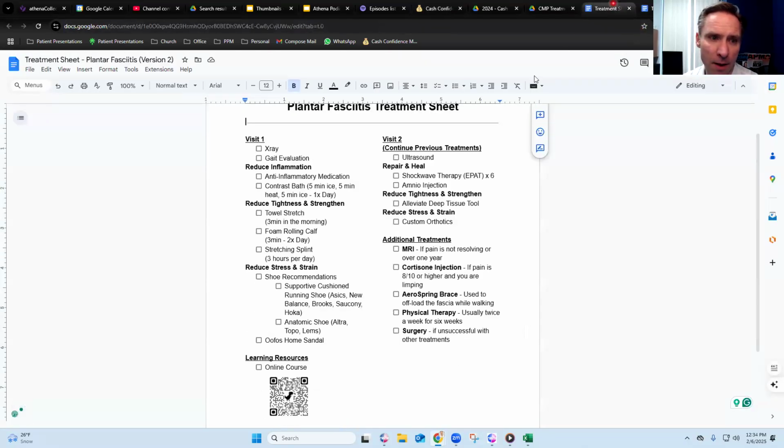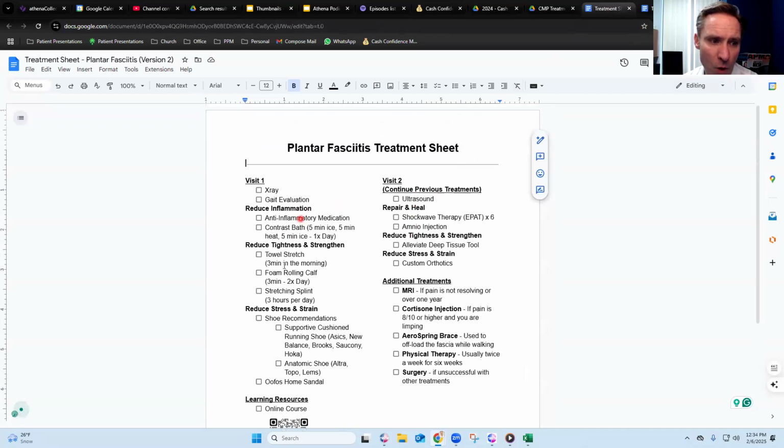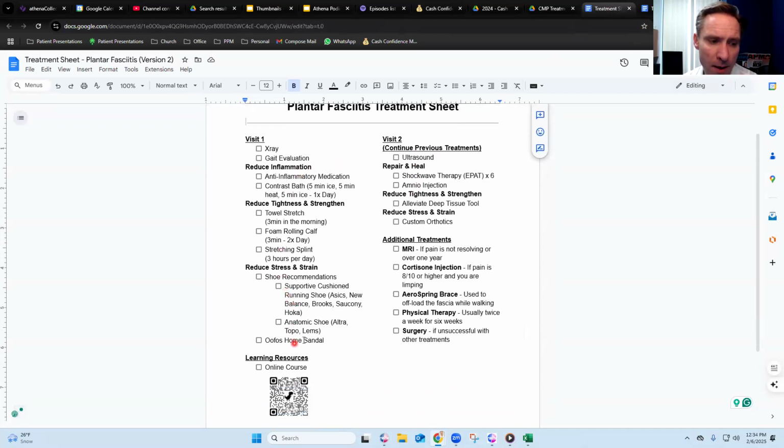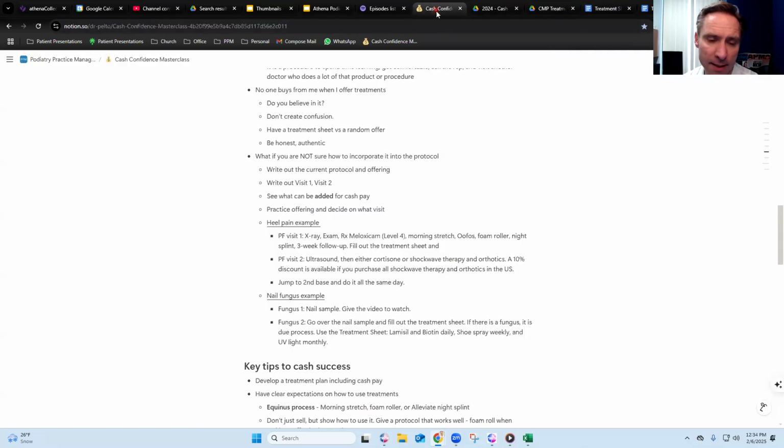For example, for my plantar fasciitis, I have visit one, what I recommend, and then I have visit two, and I have additional things. But most of the time, by the second visit, I know what I'm doing for the patients and what they're going to be doing. So I think it's important for you to write that out. If you want to see mine, send me an email, and I can get you a copy of whichever ones you want.